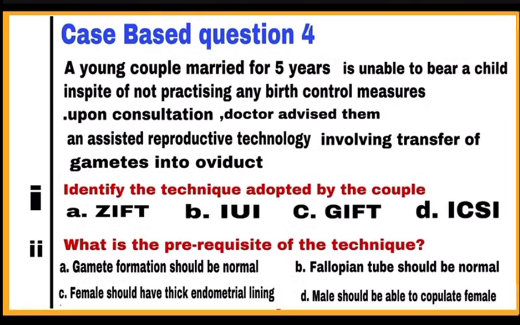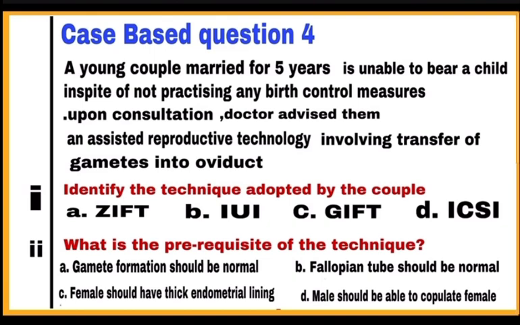Case based question number 4. This information is about assisted reproductive technology involving transfer of gametes into oviduct. This technique is advised by the doctor to a young couple who is unable to bear the child. Now, answer the given questions. Question number 1.